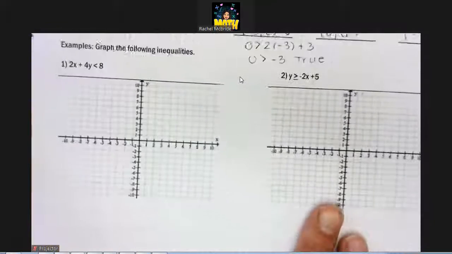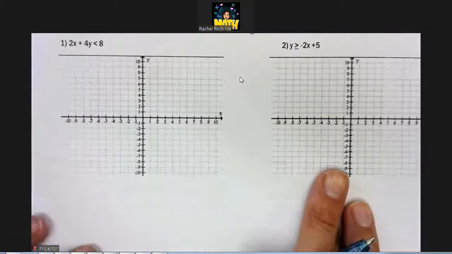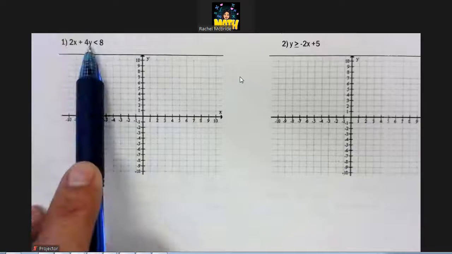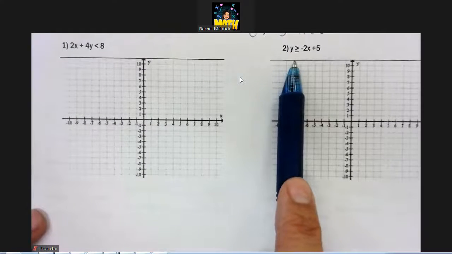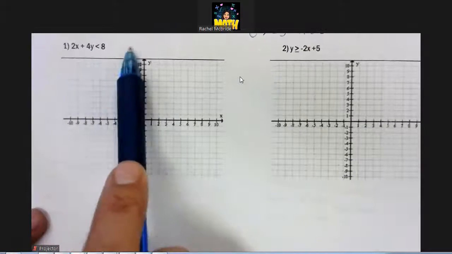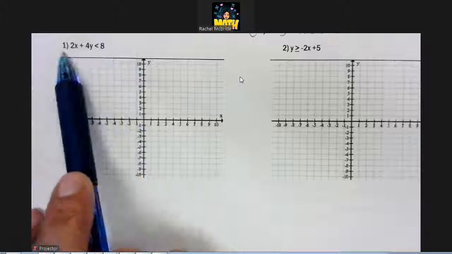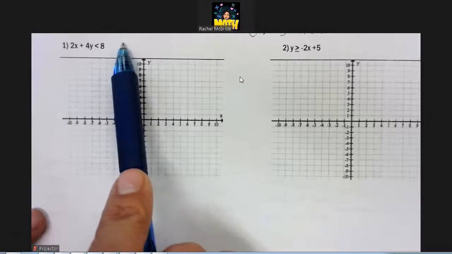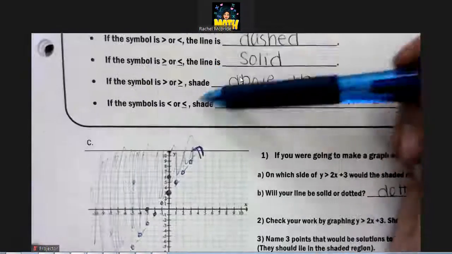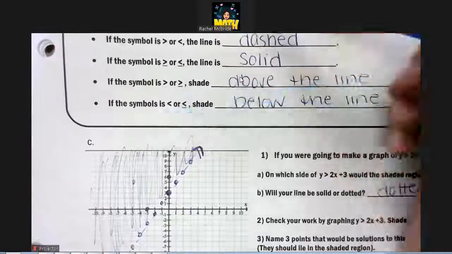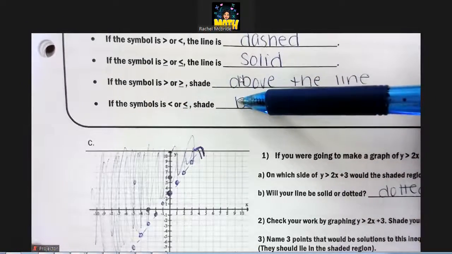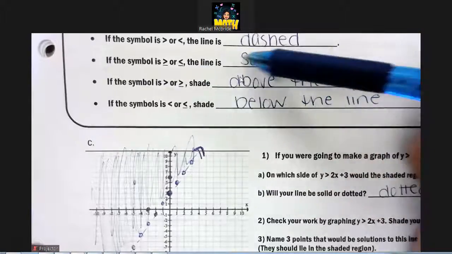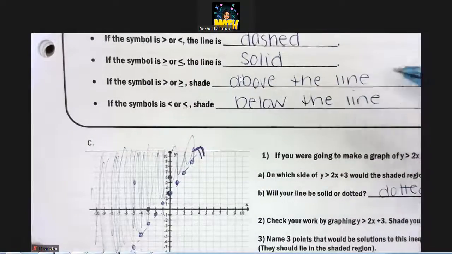So again, going back to the beginning of this unit, we graphed lines in standard form. We graphed them in slope-intercept form. If you have a line in standard form, you have two choices. You can solve for y. If you're going to follow these rules about the above or below, you have to solve for y.